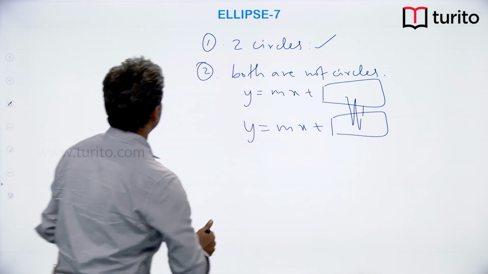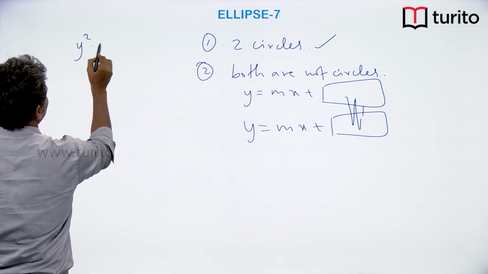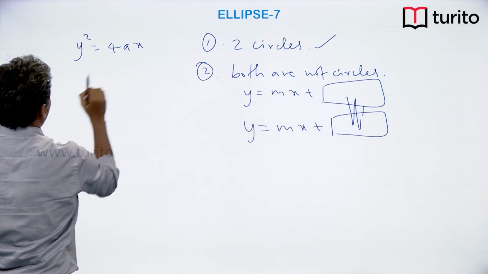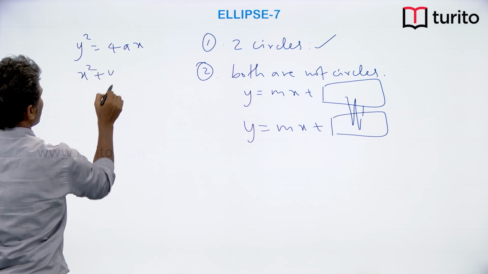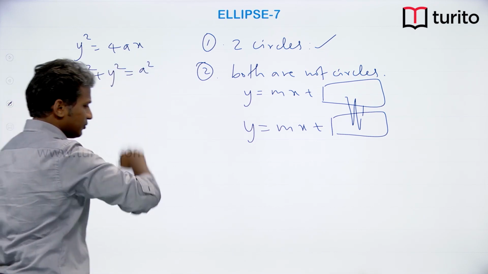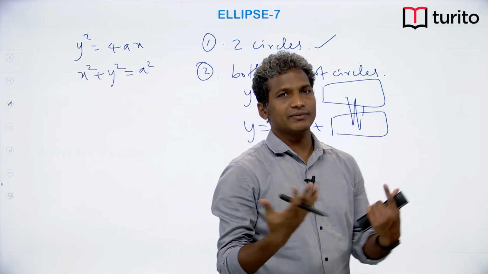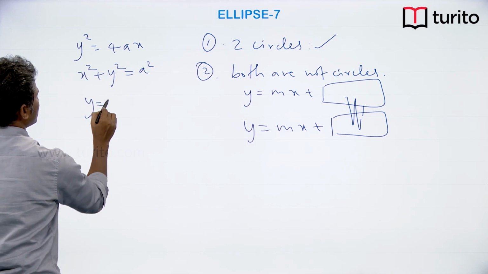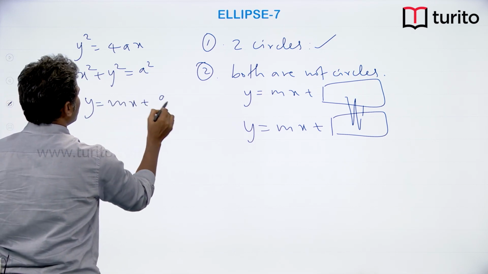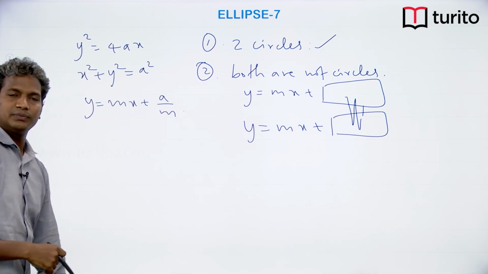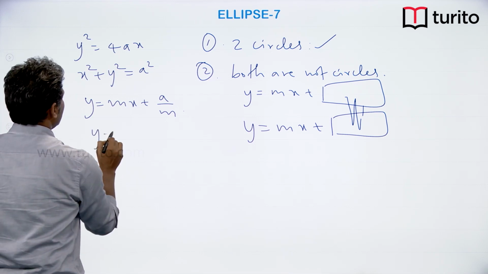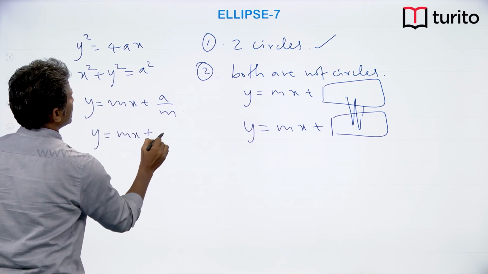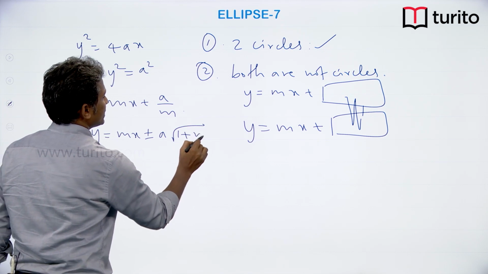For example, let us say we have one parabola and one circle and we want to find common tangents. What is the best way? Follow the same process. What happens to the equation of tangent of the parabola in slope form? This is the equation. Similarly, the equation of tangent to the circle will look like this.